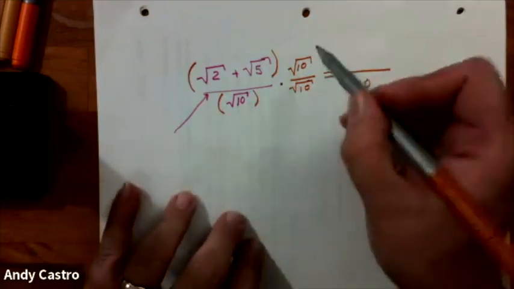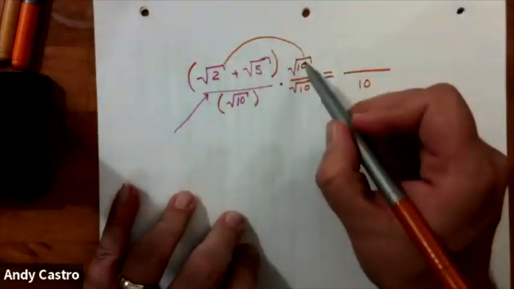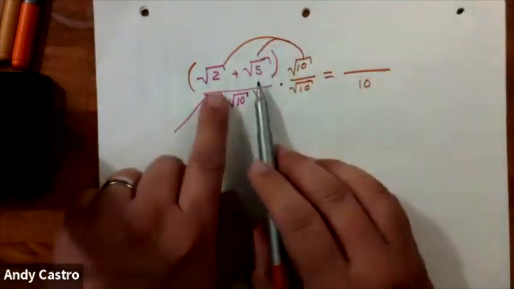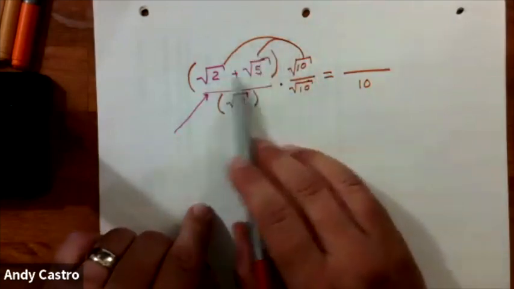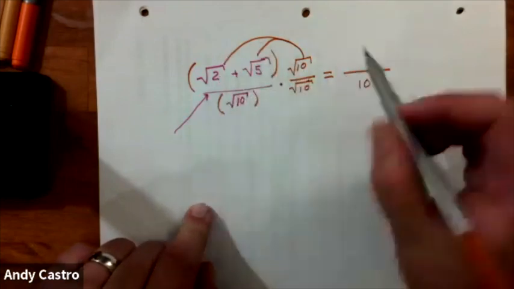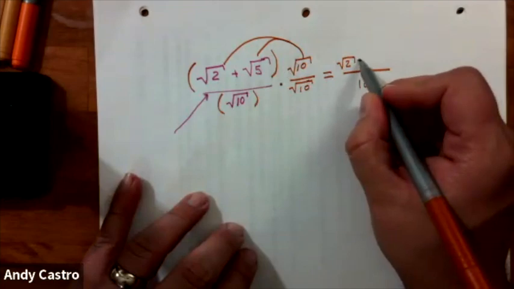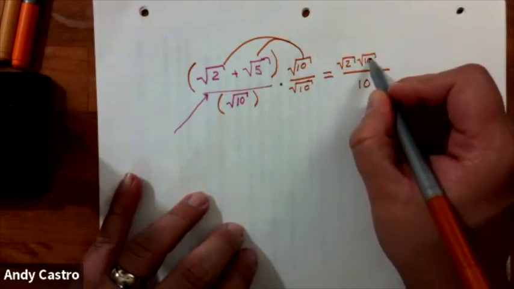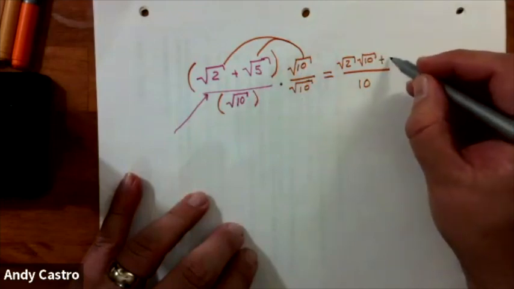But here, this is a quantity, so I need to distribute this because I have two terms in here. So I have the square root of 10 times the square root of 2, plus the square root of 10 times the square root of 5.